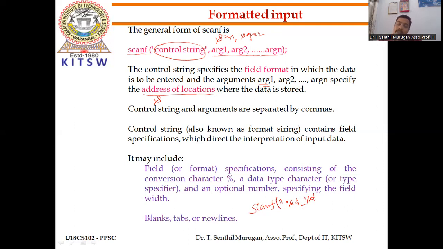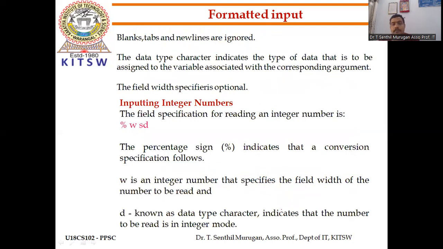You can give the space, but if you don't, it won't affect your input values. Even if you give /t or tab space or new lines, whatever you give, it won't consider. Those blanks, tabs, new lines are ignored.